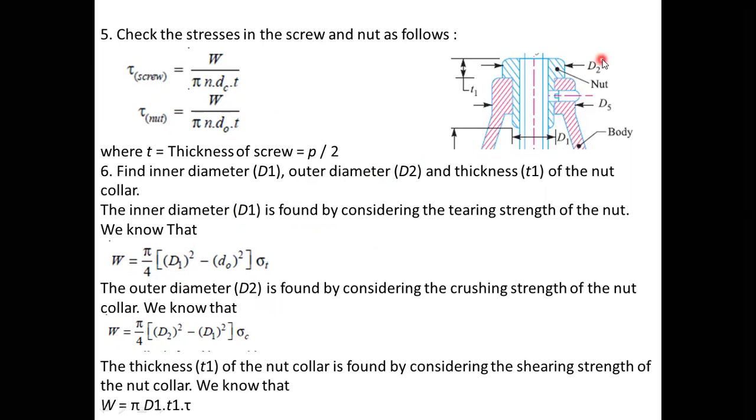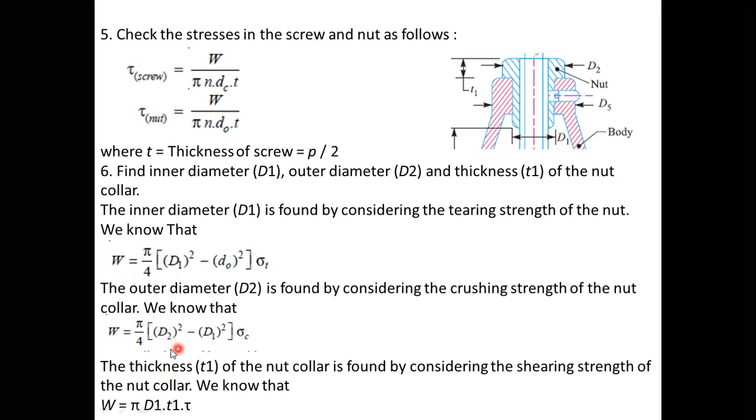The outer diameter D2 is found by considering the crushing strength of the nut collar. We know that W is equal to pi by 4 into (D2 square minus D1 square) into sigma c.